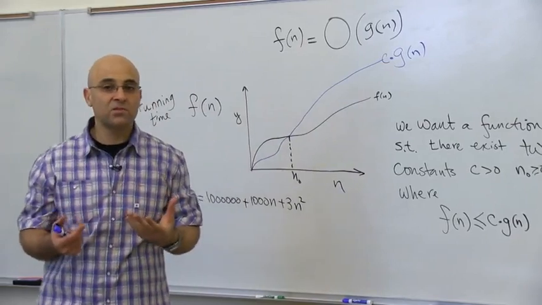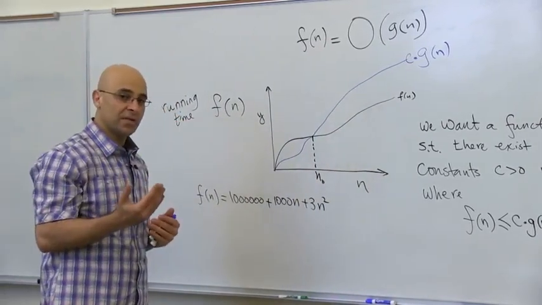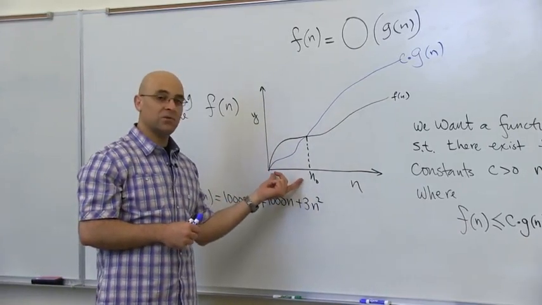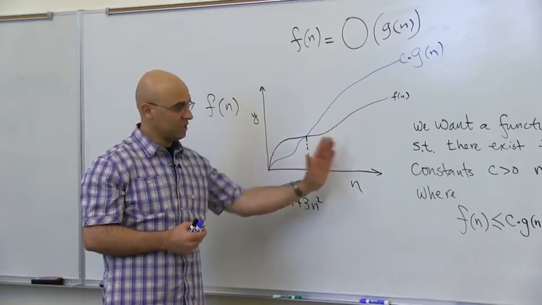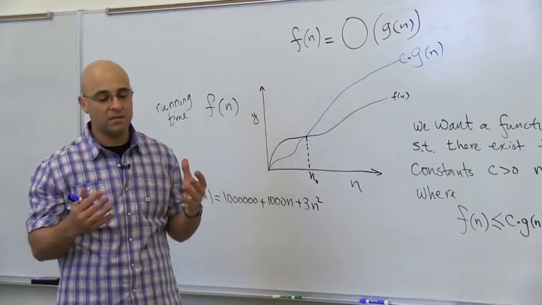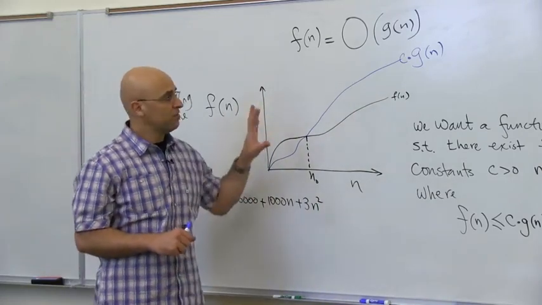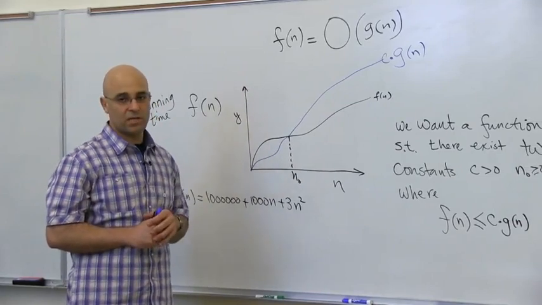So this is the first notation that we can use, and it allows us to put an upper bound on the running time of an algorithm. Again, in this notation, we will ignore a finite set of values in the beginning and focus on the running time as the input size grows. Okay? So this is the first asymptotic notation we learn, and again, it's about putting an upper bound.